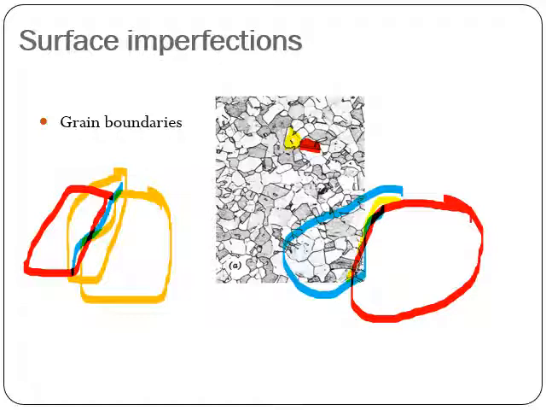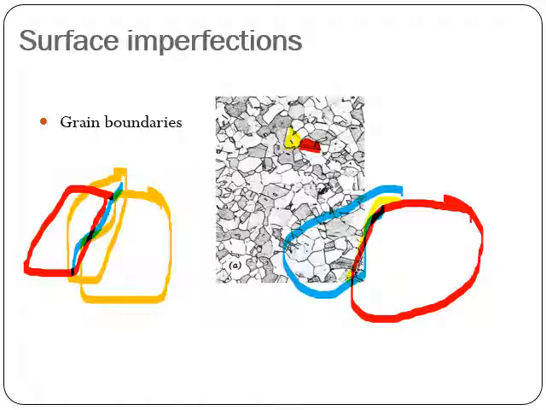If it is not perfectly aligned or merged together, if there is a void or a few atoms come in between the grain boundary, that region acts as a weak point. Cracks are going to generate from that part, and the failure of the material takes place suddenly. So those are grain boundaries.